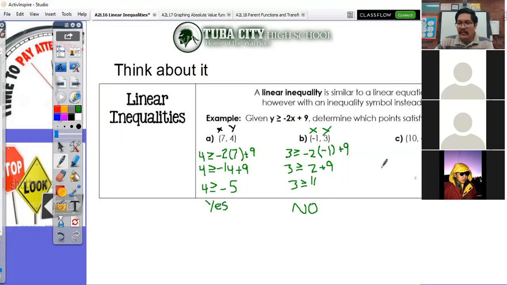And let's just do one more. So negative 5 is greater than or equal to negative 2 times 10 plus 9. So negative 5 greater than, and then multiply these together so we get negative 20, and add 9.